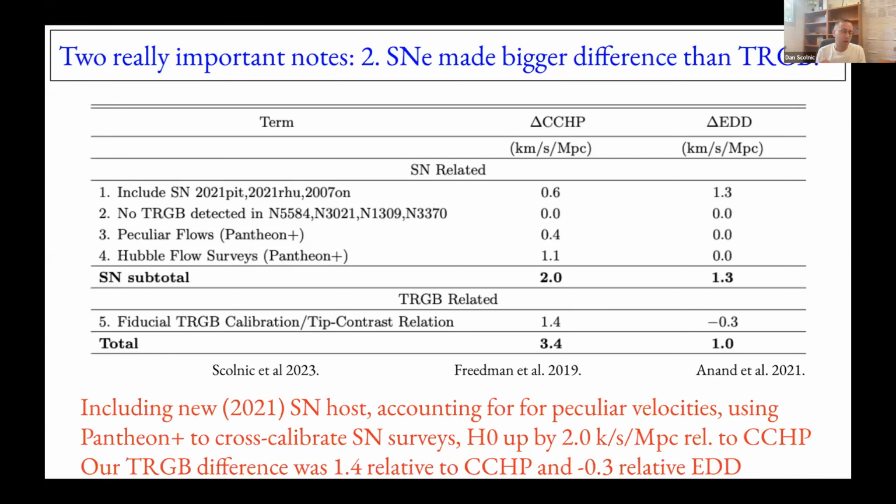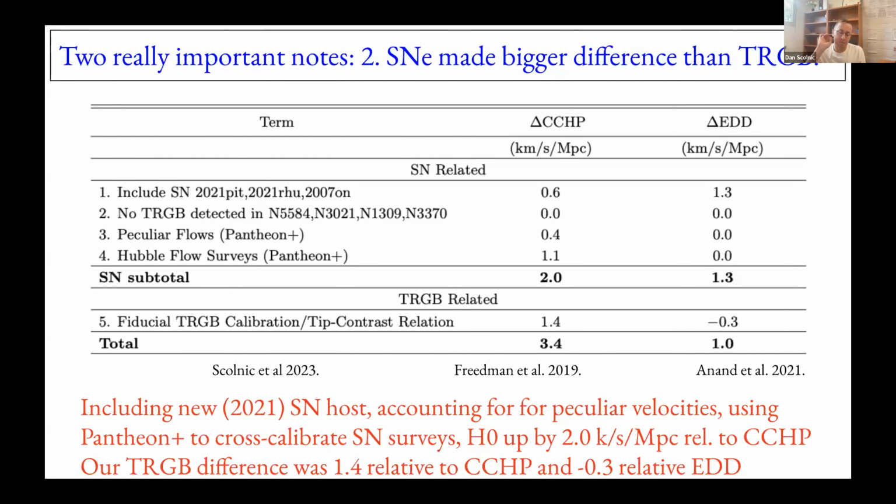Okay, now the other really important note is that as part of this analysis, we combined with Pantheon+, and when we're comparing to CCHP, they used a different data set, that had older literature data, as well as just CSP supernova. And you're sensitive to some of the issues that Dylan talked about earlier.